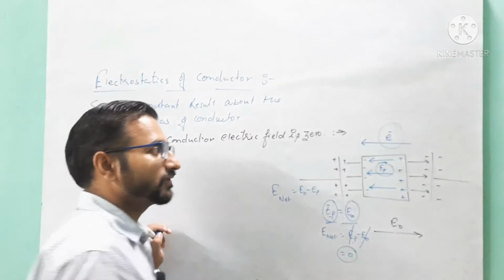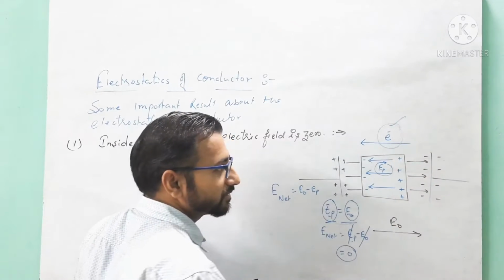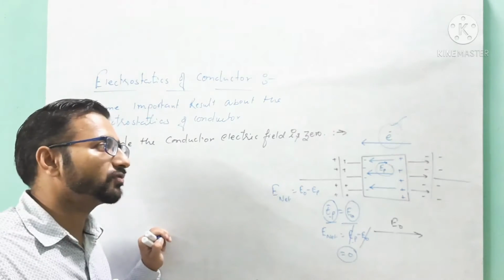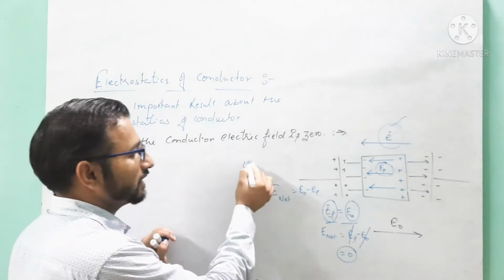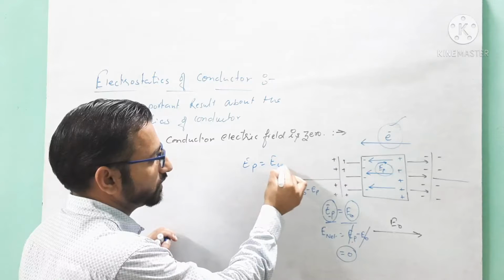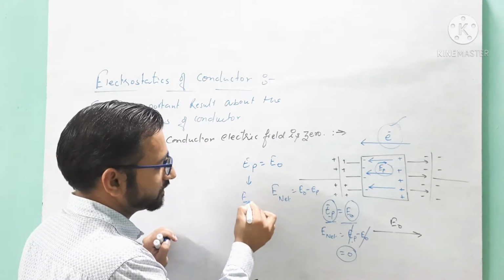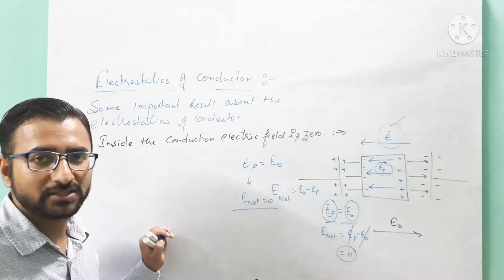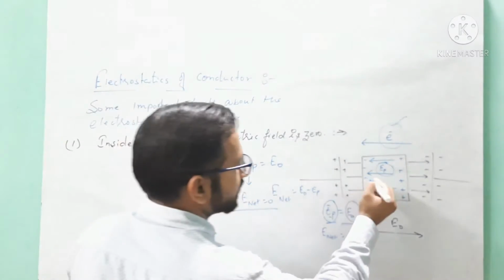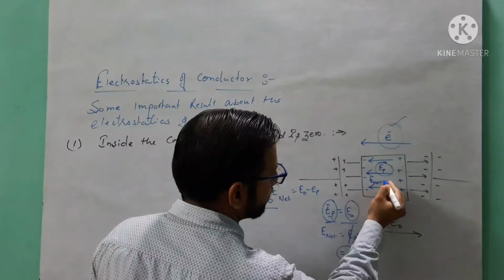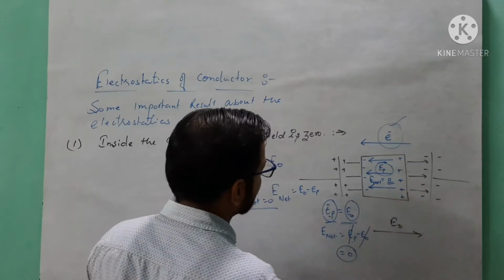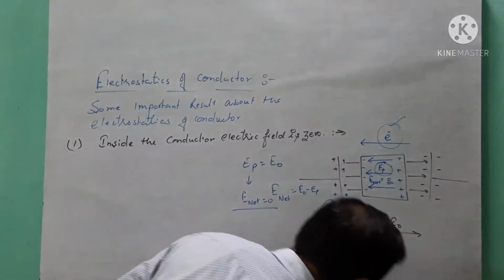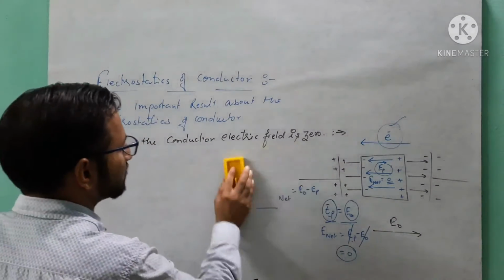Then a condition comes in which the flow of electrons stops, and at that time EP is equal to E0, so E net is equal to 0. So in this condition the electric field inside that conductor is 0. Got it? So this is the result and reason why the electric field inside the conductor is 0.